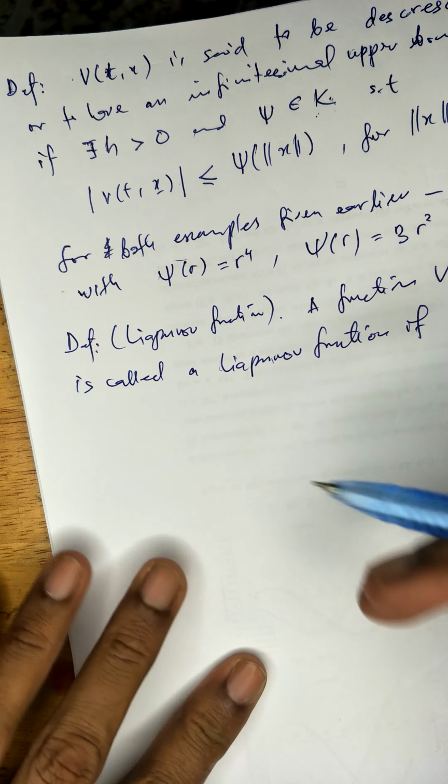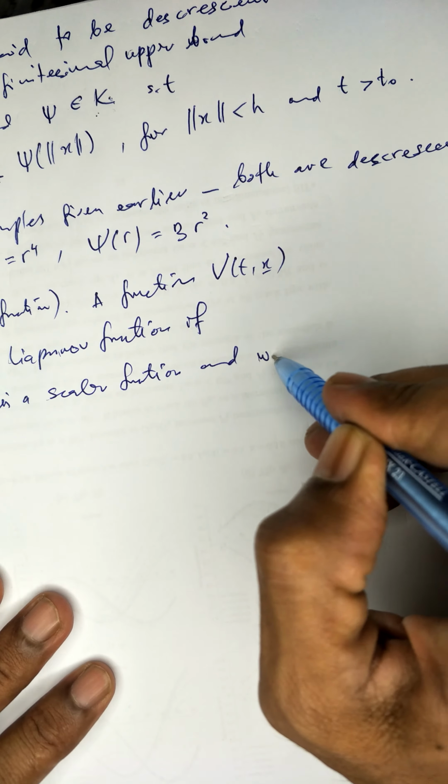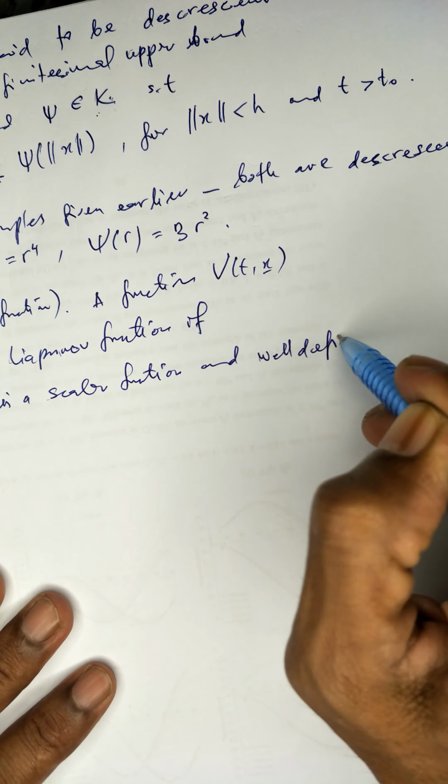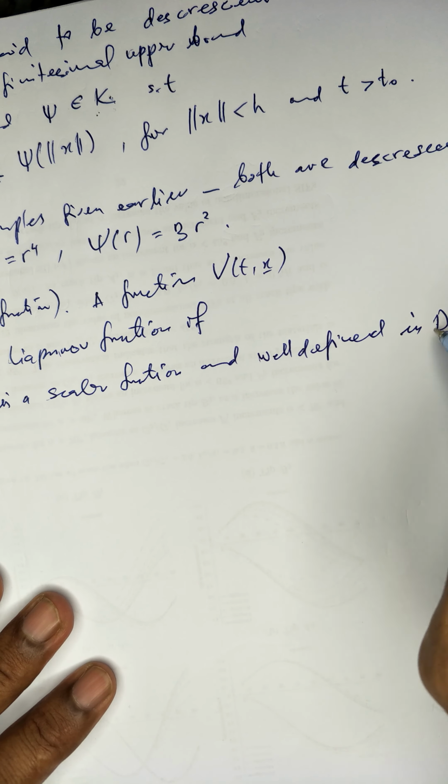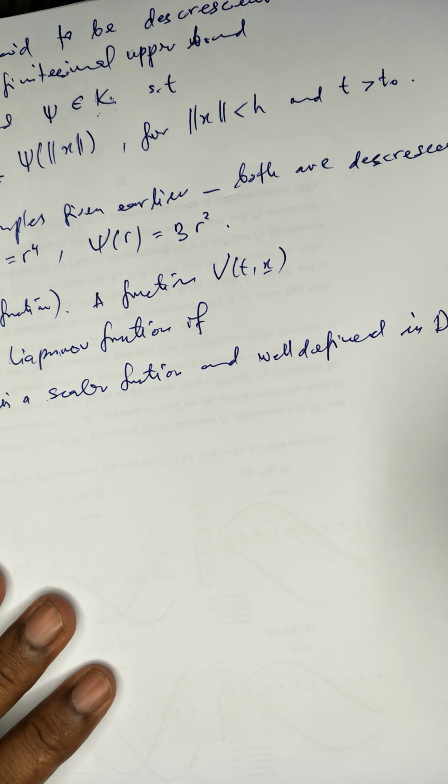Number one, V(t, x) is a scalar function and well defined in D, for all t positive.